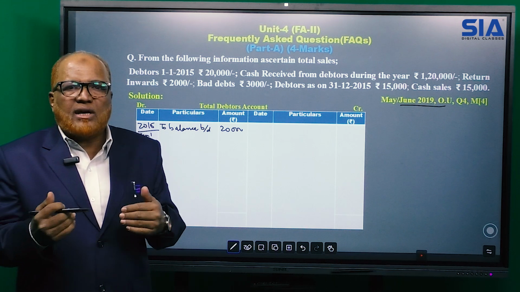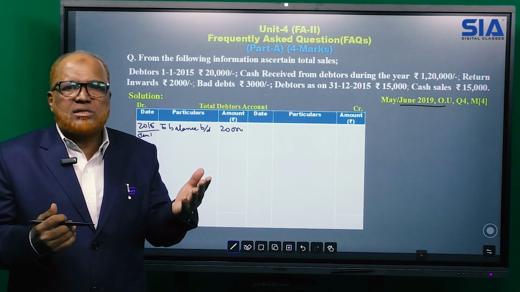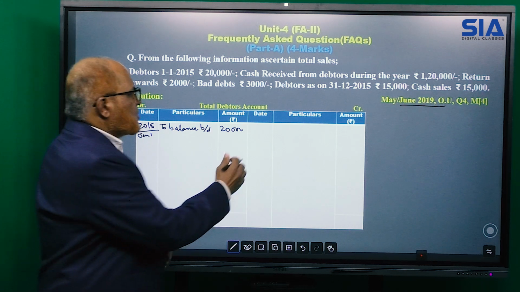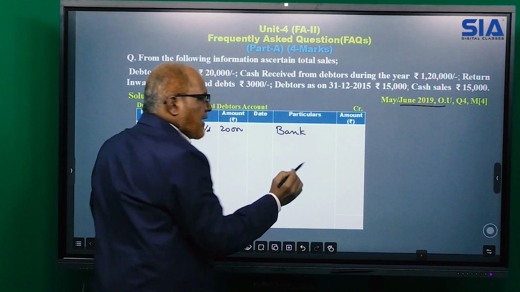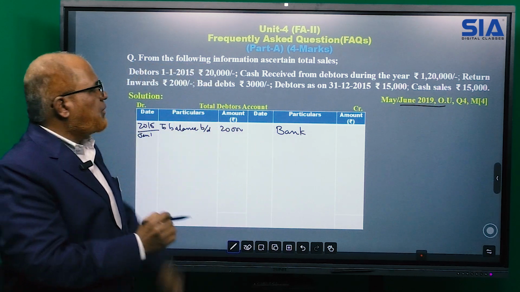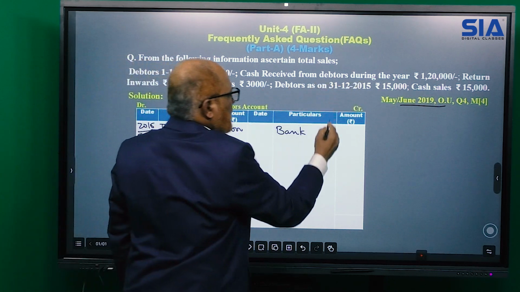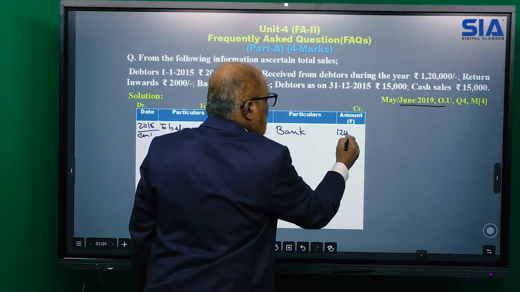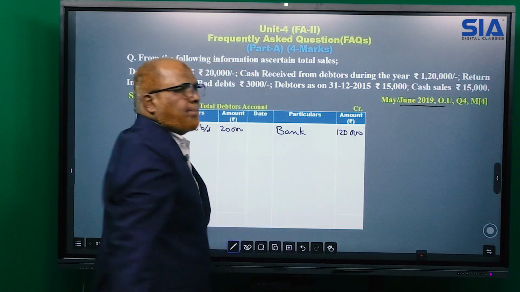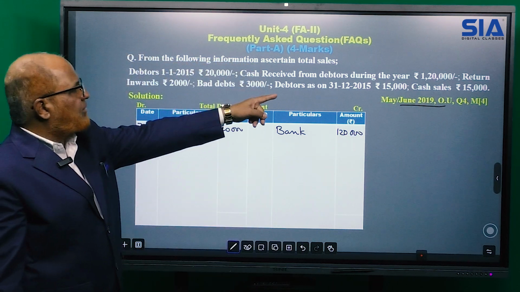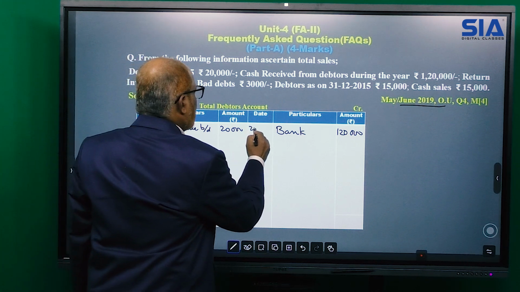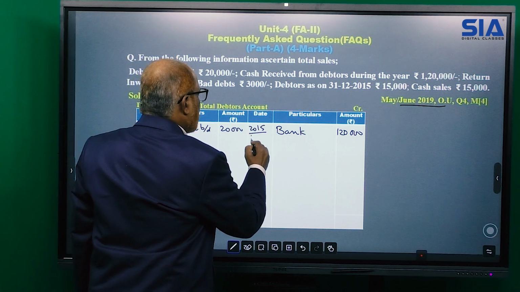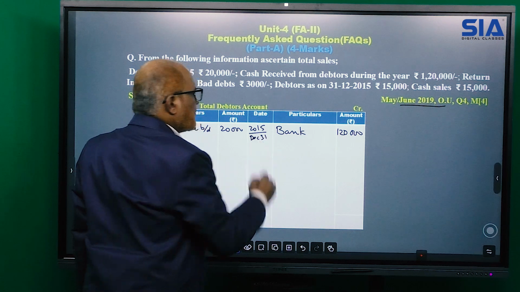So I am writing here bank. Bank account should be debited and debtors account should be credited. How much is cash received from debtors? 1,20,000 during the year. We'll take the last date, that is 2015 December 31st.